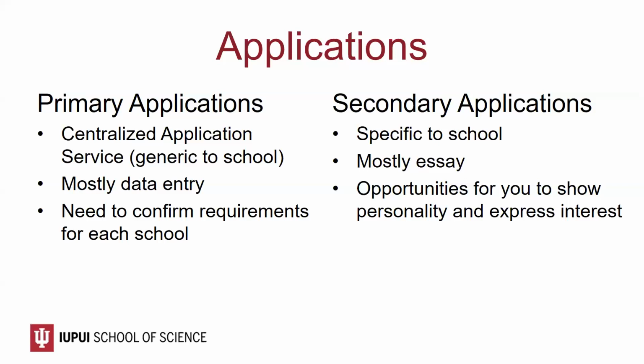Therefore, while you may receive multiple secondary applications within a few days, and your goal is to turn them around relatively quickly, you might want to focus on submitting your application early so that ideally you're receiving and completing these secondary applications prior to the beginning of that fall semester. Otherwise, you're going to spend the first couple of weeks of your fall semester, while you're acclimating to your classes, also trying to complete these essays.